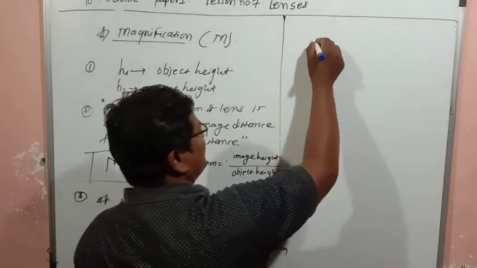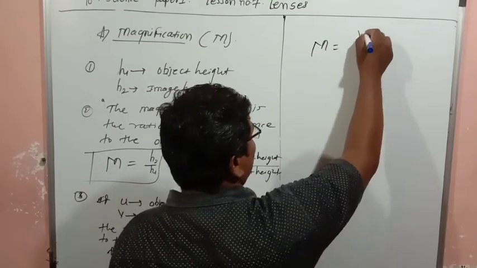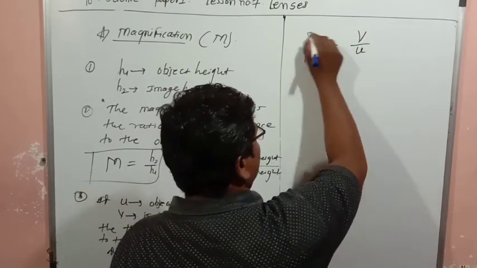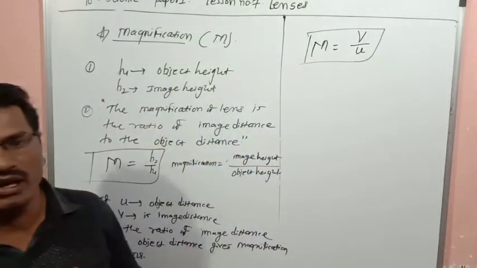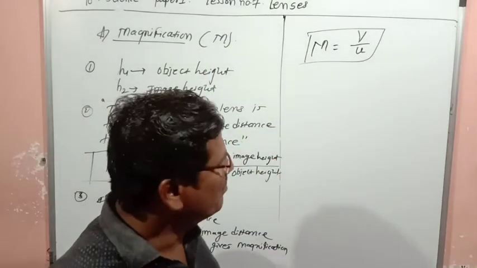Suppose you are taking magnification M, then M is equal to v upon u, and this one is the magnification.